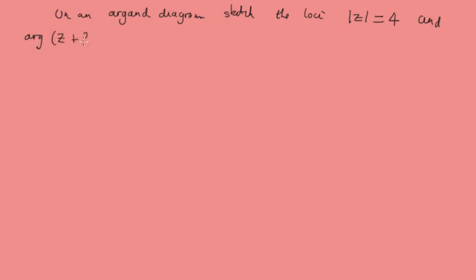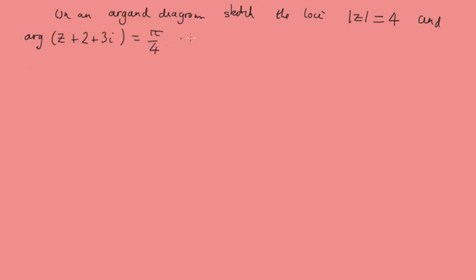So on an Argand diagram, sketch the loci modulus of z equals 4, and the argument of z plus 2 plus 3i equals pi over 4.